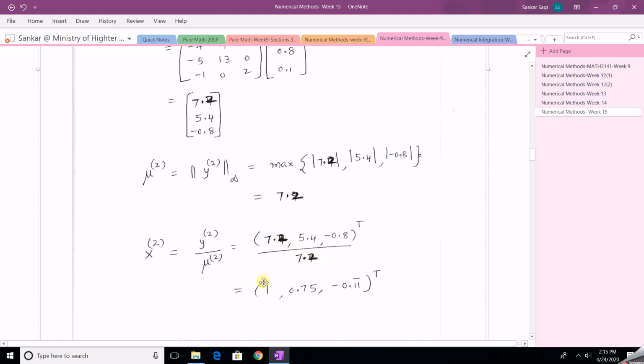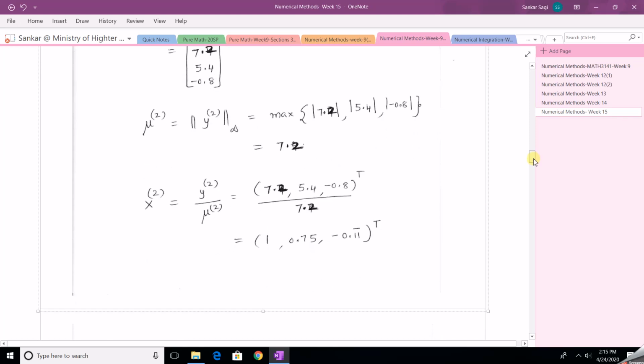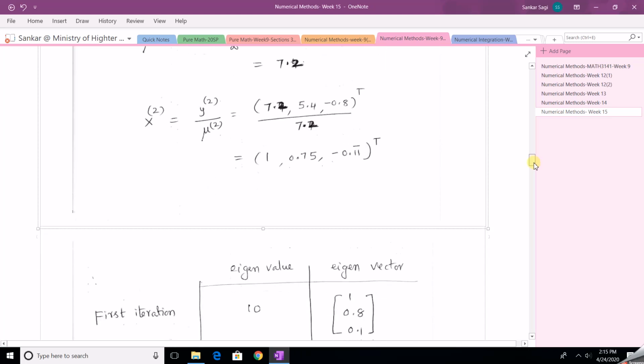So if we divide, you will get 1, 0.75, minus 0.11 recurring. So 1 will be continuing. So this is the eigenvector in the second iteration, and this is the eigenvalue. Like this we can continue to find the eigenvalue and eigenvector approximations to a desired level.